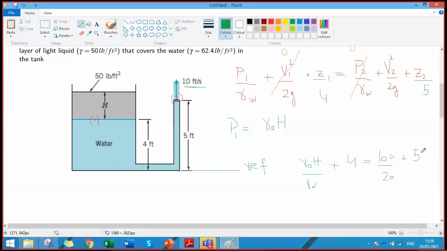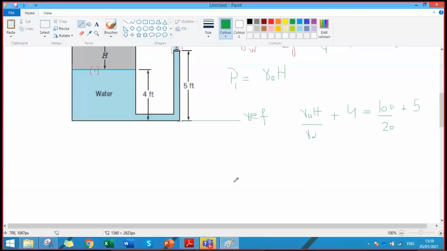We know gamma of the oil, we know gamma of the water, the only unknown is H. So we can rearrange the equation to calculate H: 100 divided by 20, plus 5 minus 4, multiplied by gamma of water, which is 62.4, divided by gamma of oil, which is 50. So it is 7.48, or 7.5 feet.